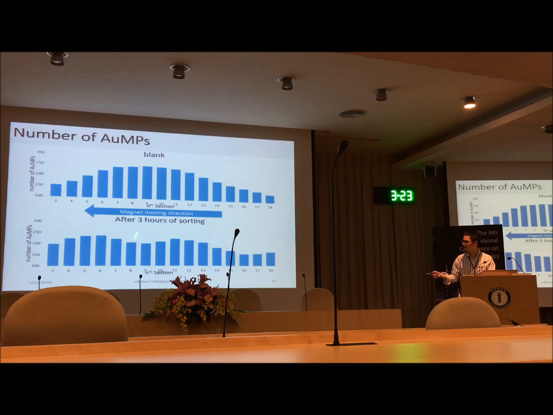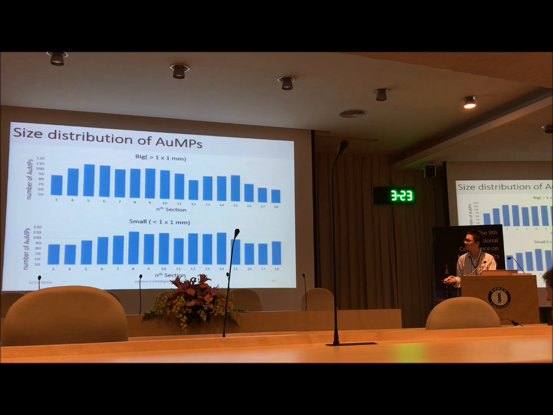It has more gold microplates here, and this group is the smaller gold microplates that cannot be moved by the eddy current because they are too small. If we draw a line here, you can see that in the front area there is an increase in the number of gold microplates, and in the rear area there is a decrease. So we can prove that our eddy current effect can really move the gold microplates.